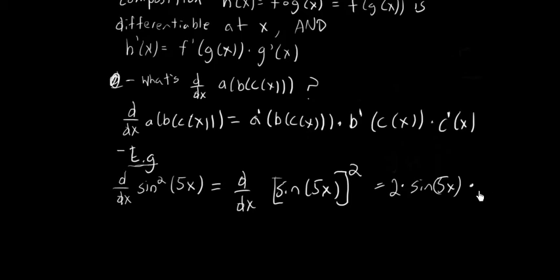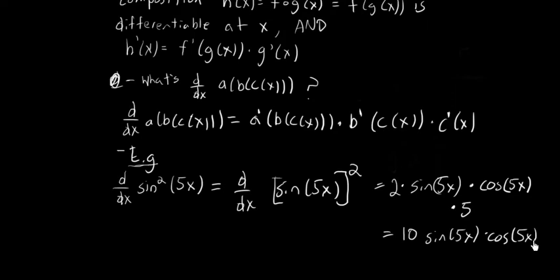That's going to be the derivative of sine of x, but instead of x, we'll use the argument 5x. The derivative of sine is cosine, and instead of x, we will have 5x. And finally, we're going to multiply by the derivative of 5x with respect to x, and that's just 5. So finally we just get 10 times sine of 5x times cosine of 5x.